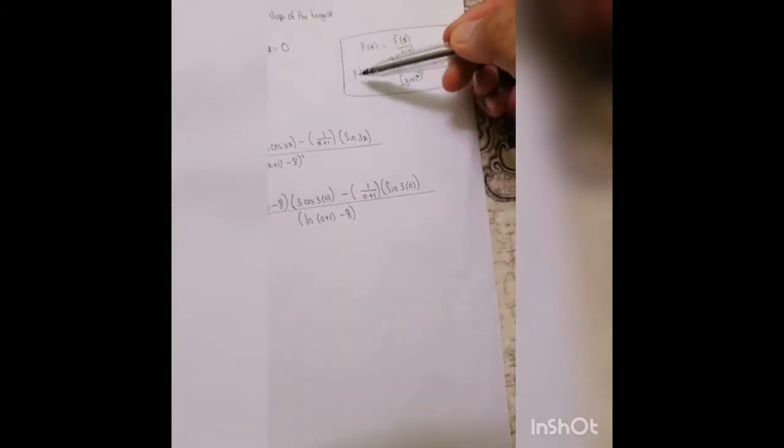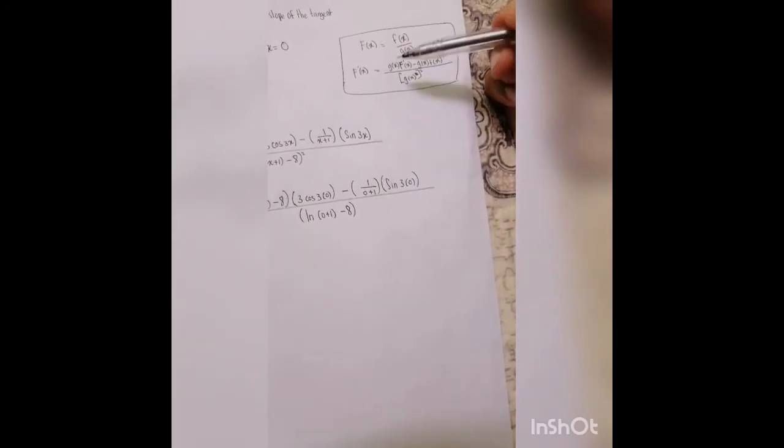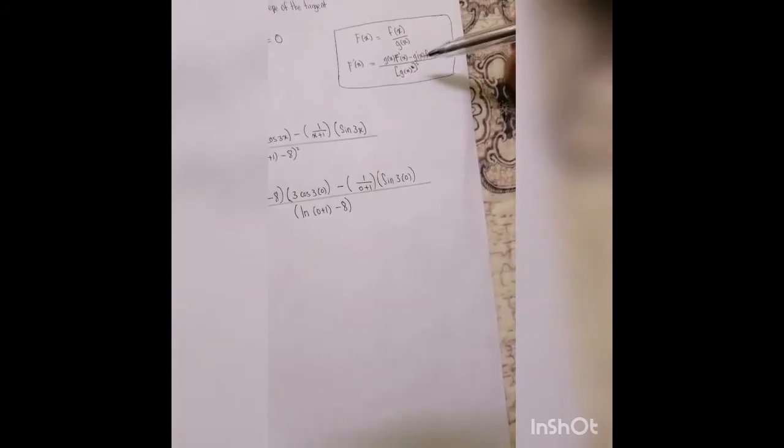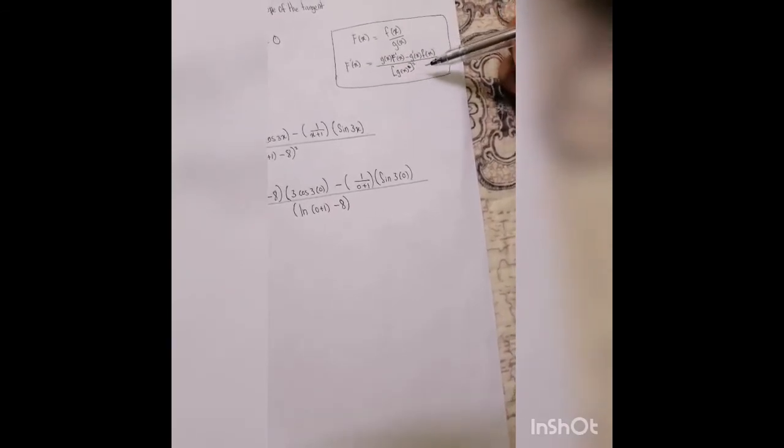So f prime x equals g(x) times f prime(x) minus g prime(x) times f(x), over g(x) squared.